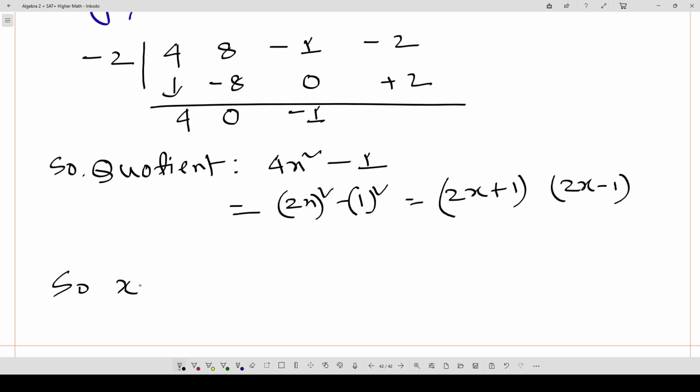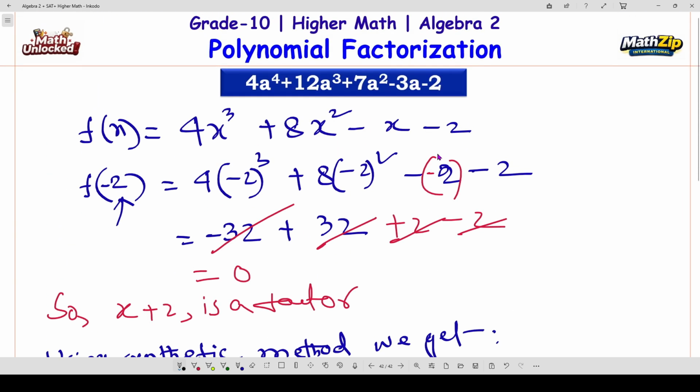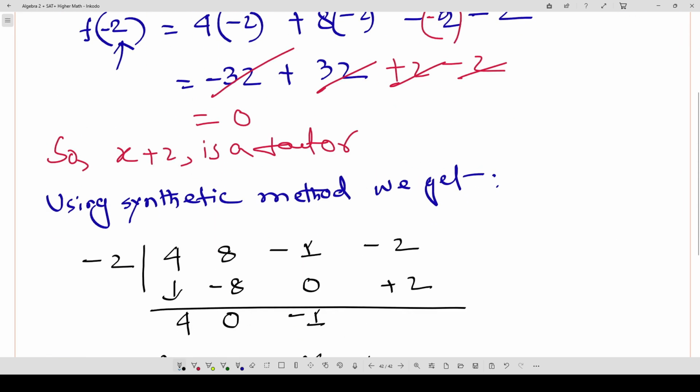So our result is, so what is 4a to the power 4, right?